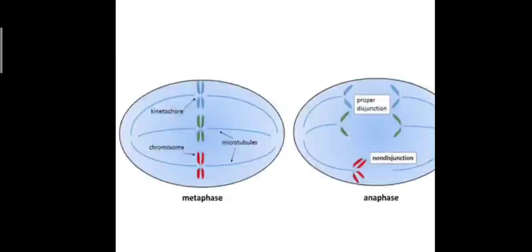Numerical aberrations, we also call them ploidy changes. The reason for ploidy changes to occur is non-disjunction. So what is numerical aberration or ploidy changes? Ploidy change is the change in the basic set of chromosomes, or a change in the number of chromosomes.